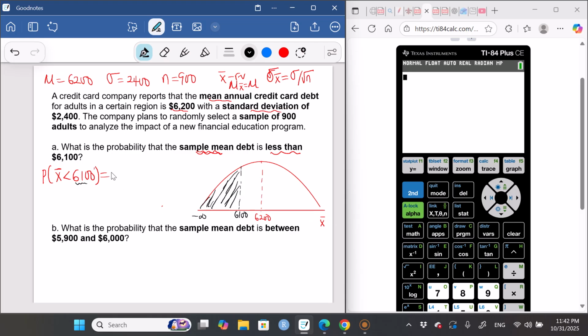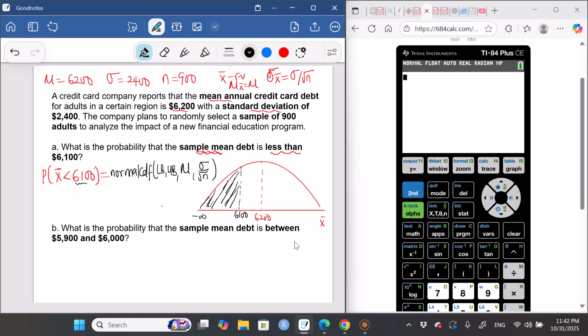So in this case, the general form is to use the normal CDF: the normal CDF, the lower bound, the upper bound, the mean, and sigma over the square root of n. The reason why we have the sigma over the square root of n is because our random variable is the x bar.